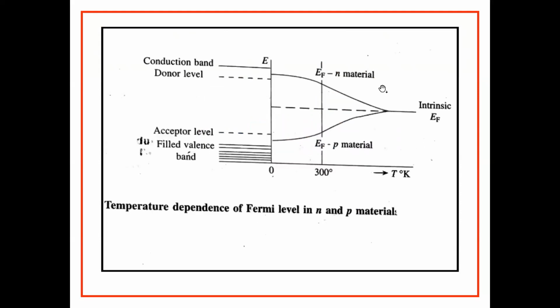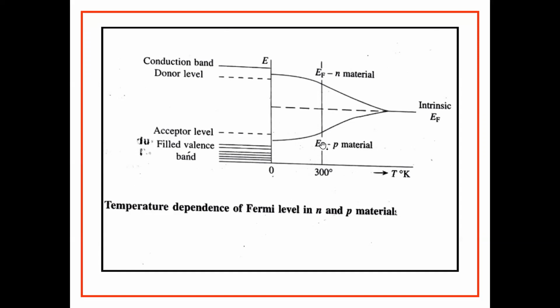This diagram shows the temperature dependence of Fermi energy level in N and P-type semiconductors. This is conduction band, these are donor levels, and the Fermi energy level lies somewhere between conduction band and donor level. This is filled valence band, this is acceptor level. For n-type material, if temperature increases, then Fermi energy level decreases, and at higher temperature it reaches the intrinsic level.